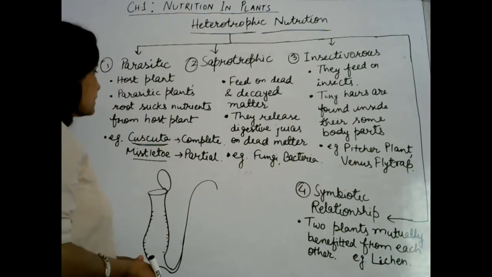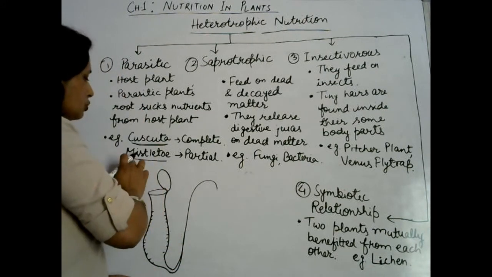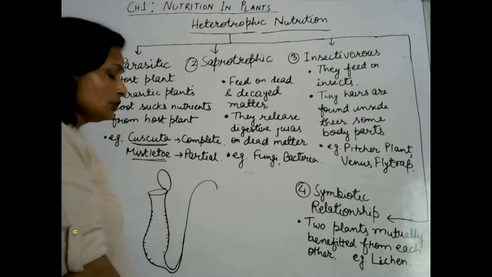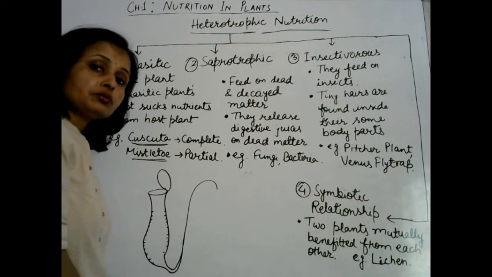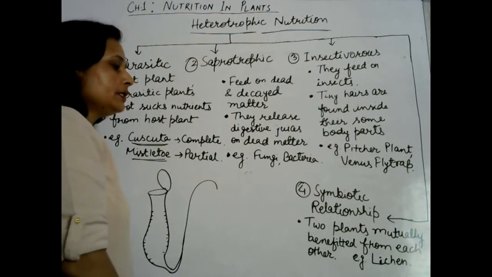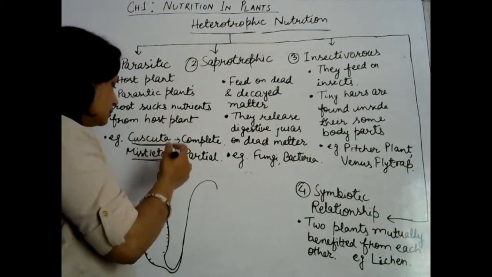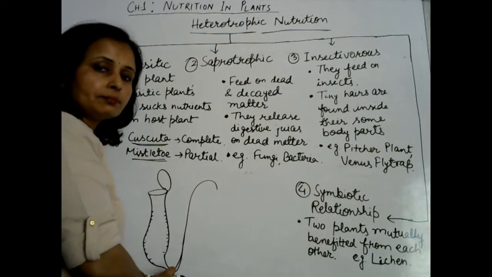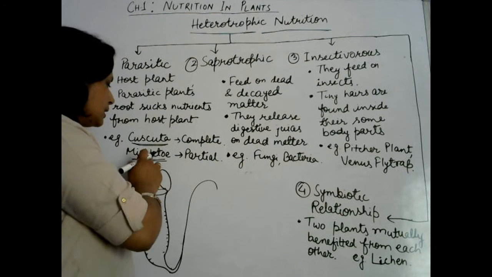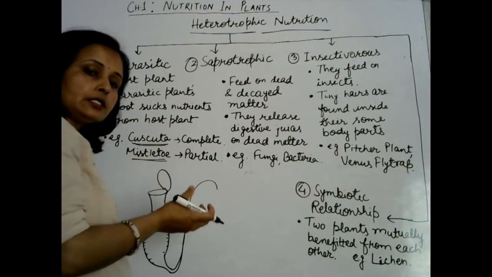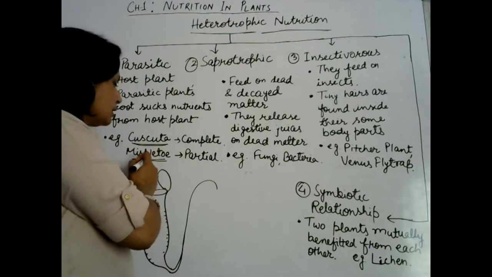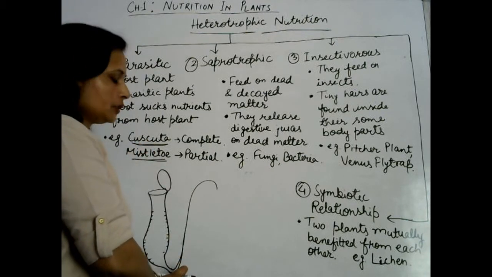Another example of parasitic mode of nutrition is mistletoe. Mistletoe is a plant which has its own chlorophyll and green leaves, but it is found on the branches of some green tree, and because its root can't absorb water from the soil, it has to depend upon green plants for getting water.